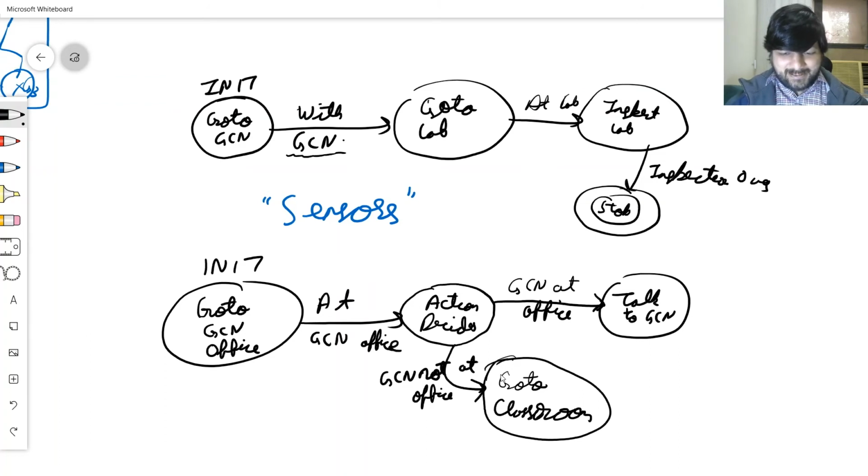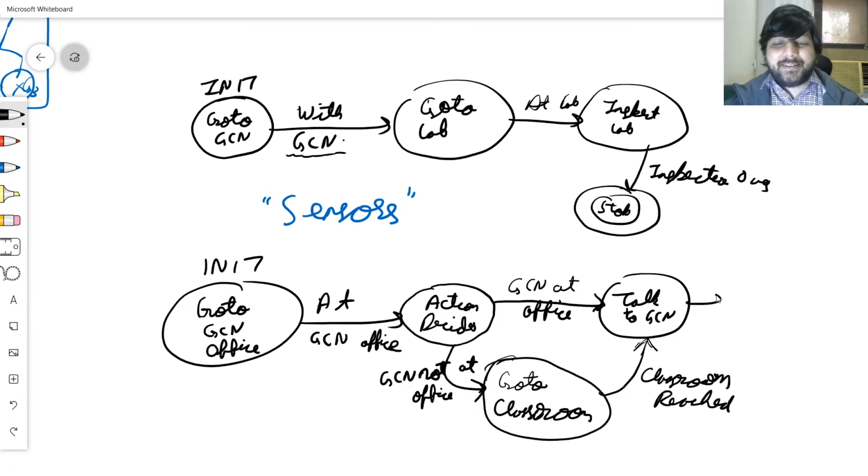So let's assume that the colleague will be there at either of the two places he usually is. And therefore, I again talk to him. So it's classroom reached. And of course, thereafter, I can say talk over.